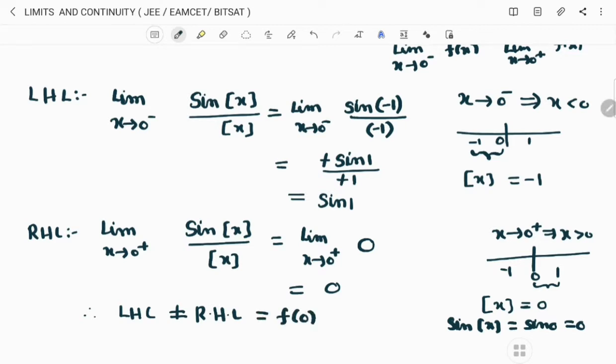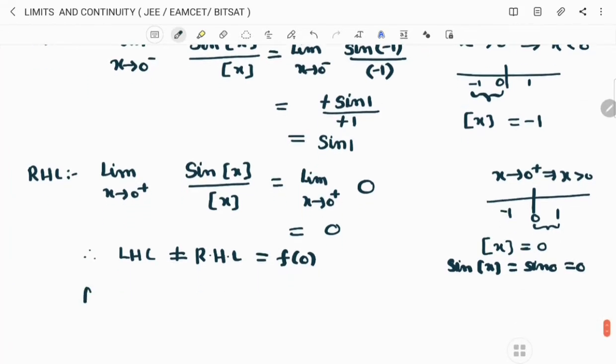Whenever LHL and RHL are not equal, the given function f of x is discontinuous. F of x is not continuous. Not continuous or discontinuous, both are the same, at x is equal to 0.